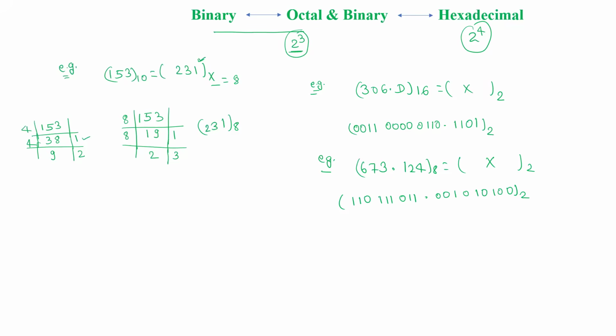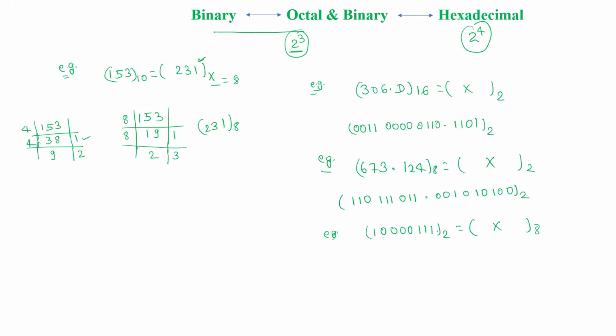So these are the different ways we are able to find it. Another case is when binary is given and we want the octal. Suppose we have 10000 and 111, completely without a fraction. What is its octal equivalent?